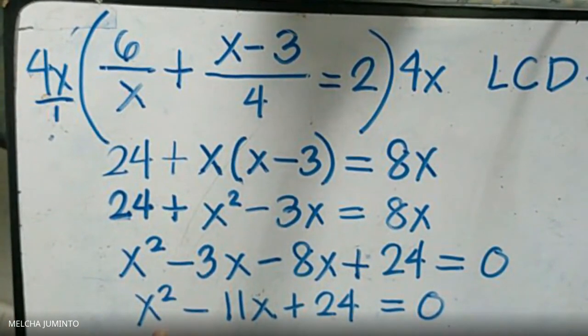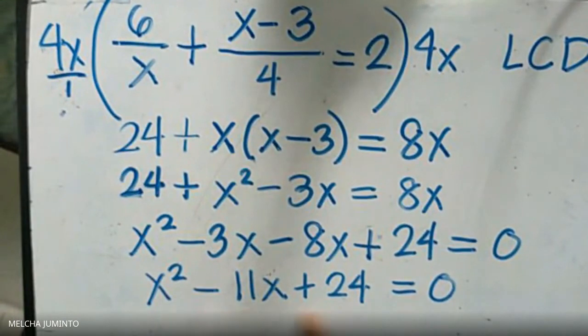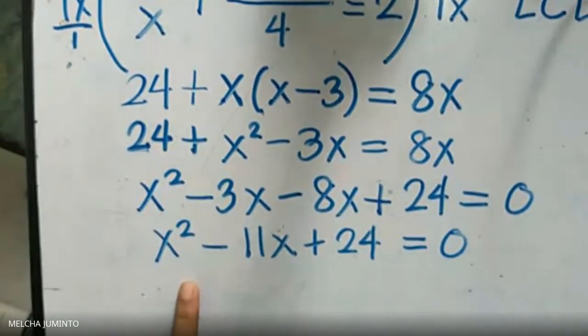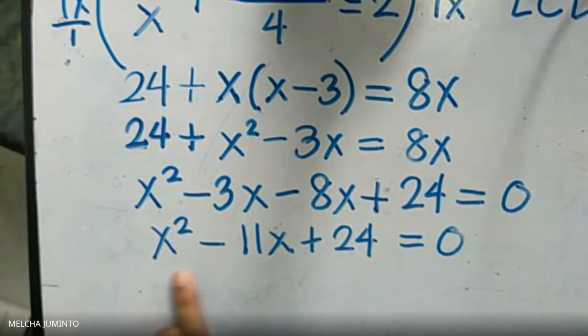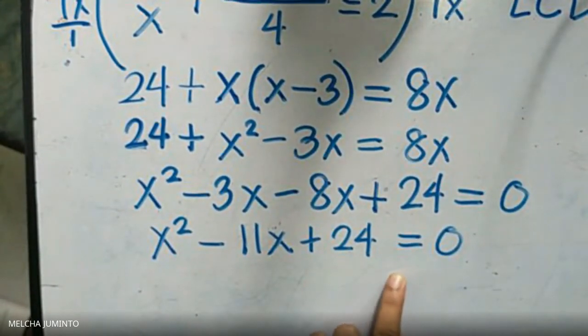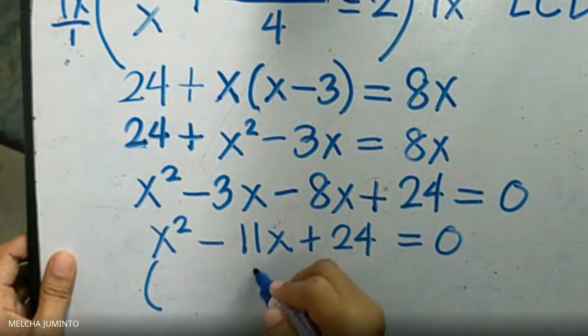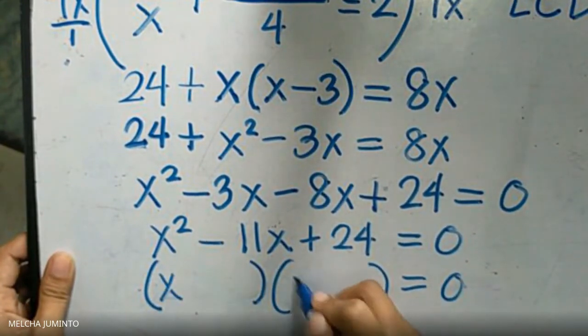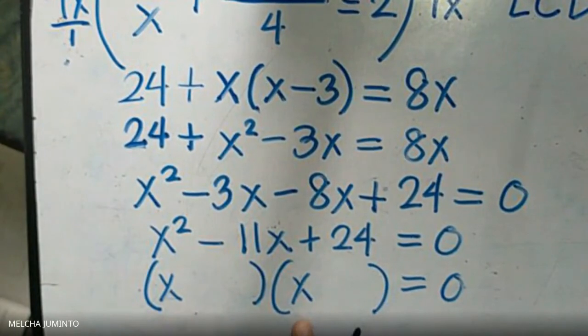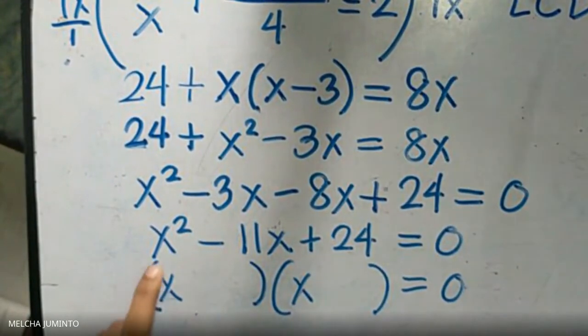Here, we can now see that the equation is a quadratic equation in standard form. Next step, we choose factoring again because this equation can be factored out. So we use x times x for the first terms, x times x. Now take note of this. The quadratic equation has alternating signs.